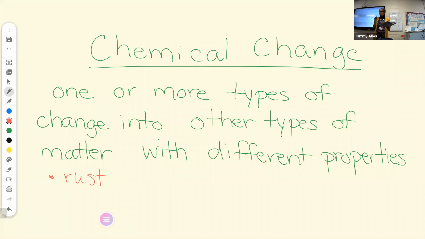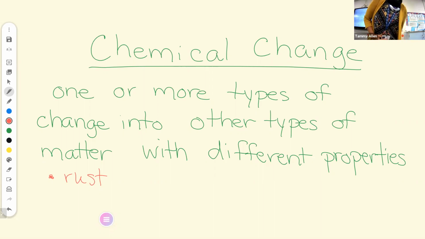Whatever the original color of the vehicle was, it's no longer that color, and it gets brittle. It has changed into other types of matter with different properties. That's called a chemical change. Does that make sense?